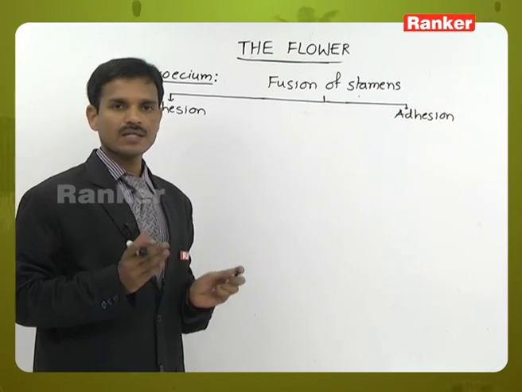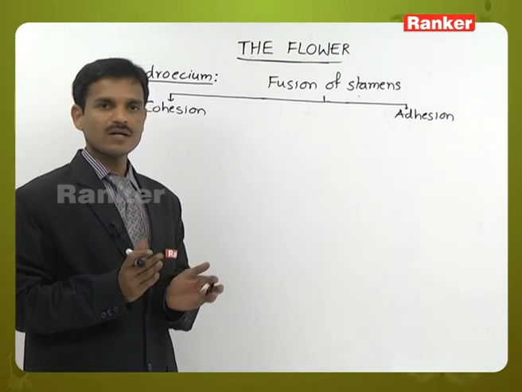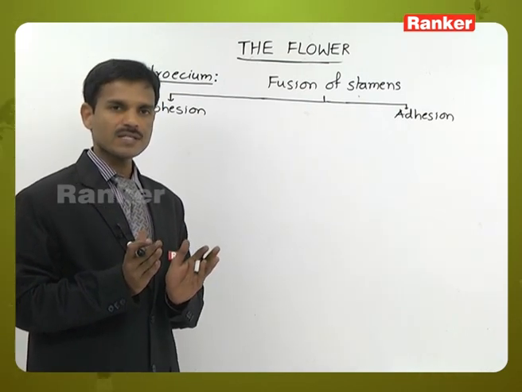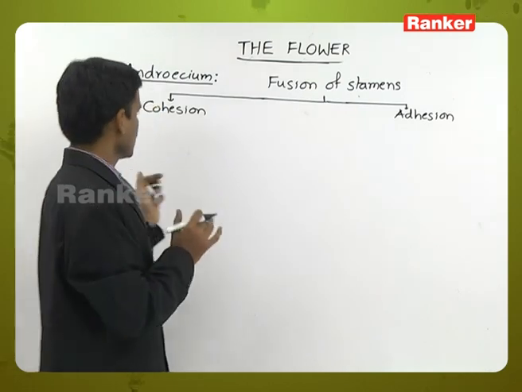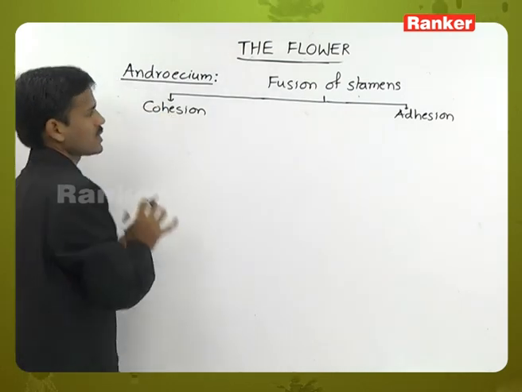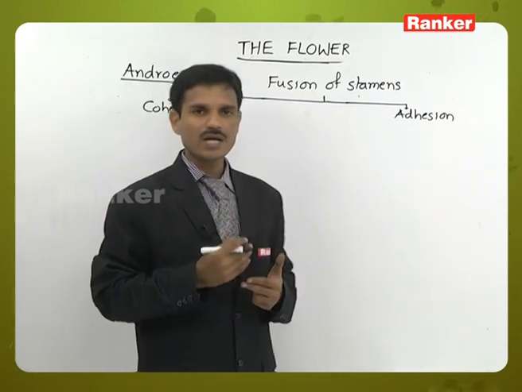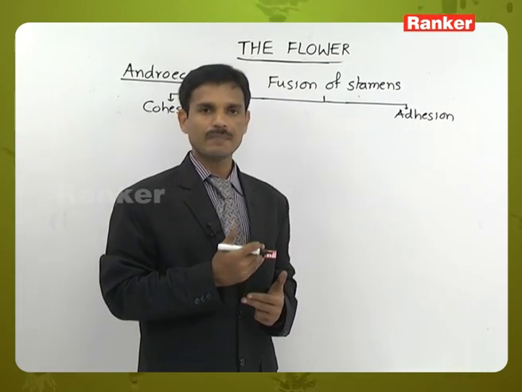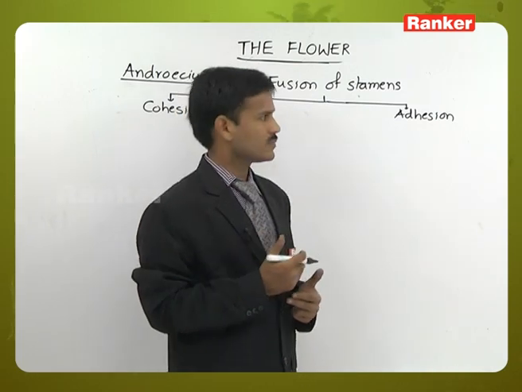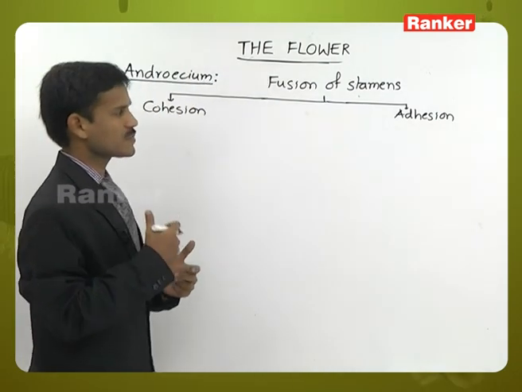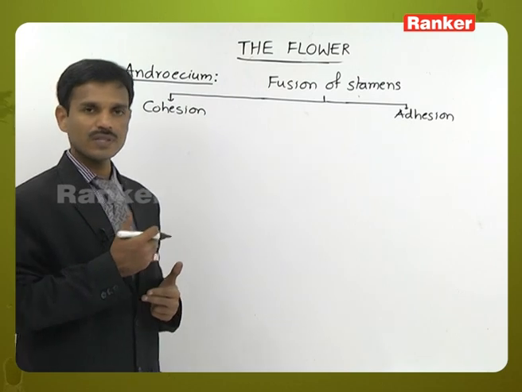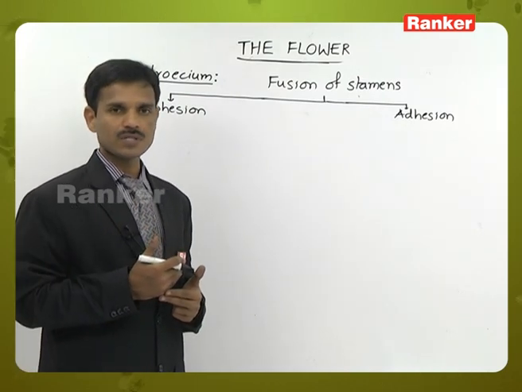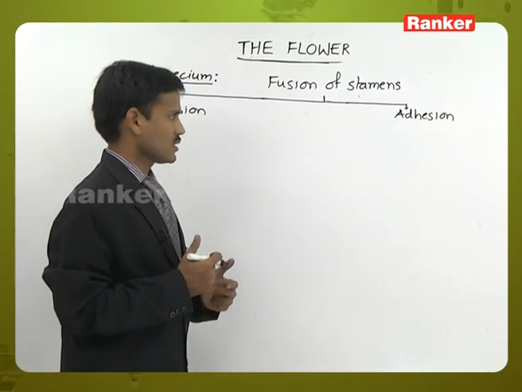Cohesion means the fusion takes place among the stamens within the flower. Adhesion means the stamens are fused with other floral parts like sepals, petals or gynoecium. Sometimes the stamens are also fused with the perianth lobes or tepals.